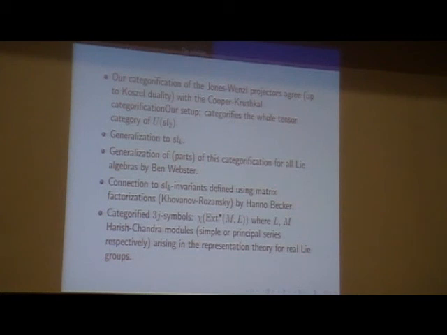In this case, the modules are different, so it's not an algebra, but at least a graded vector space. But the modules you put in are much more complicated than the modules which we have here. They are so-called Harish-Chandra modules, and they appear from representation theory of real Lie algebras.